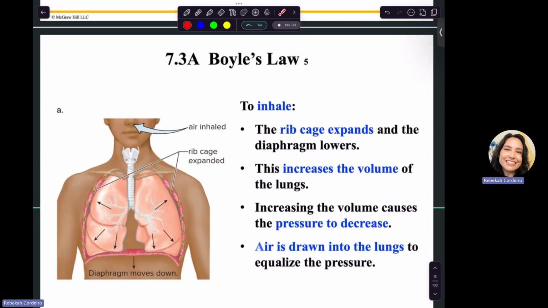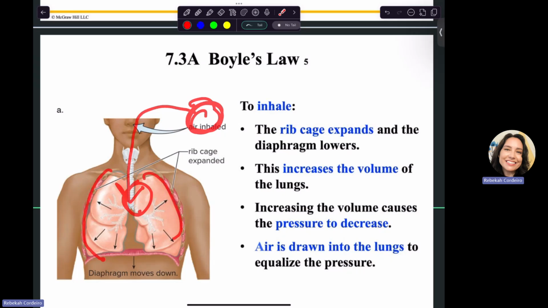A real application of Boyle's law, which we'll talk about in class, is inhaling. When you inhale, you are making more space, so we're increasing the volume. The pressure inside of our lungs goes down. And so the outside air pressure is higher than the inside air pressure, and the outside air goes into our lungs to fill them, to make the pressure the same again. That expands our lungs.